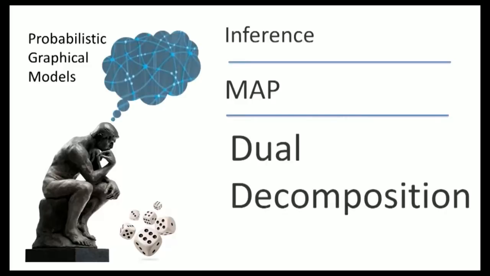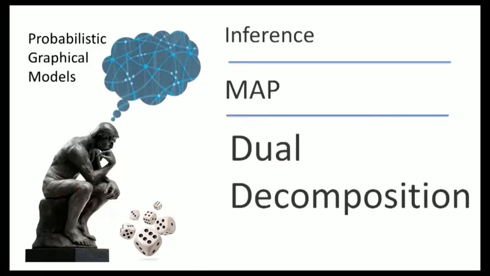And then we also talked about a variety of other special purpose classes where one could do tractable inference. What we're going to talk about now is a general purpose algorithm that can be used to solve any MAP problem, keeping in mind, of course, that the MAP problem is an NP-hard problem, and so you're not going to get a fully polynomial time algorithm that one can utilize in the context of any problem.